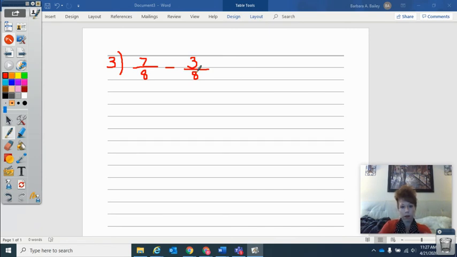Okay, so the first thing I want to check when I'm adding or subtracting fractions is make sure I have a like denominator, which here I do have. And then I'm going to set it up vertically, going up and down. So I have 7/8. And I'm going to subtract 3/8.